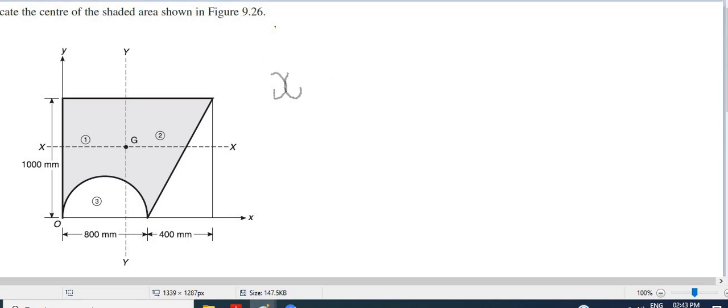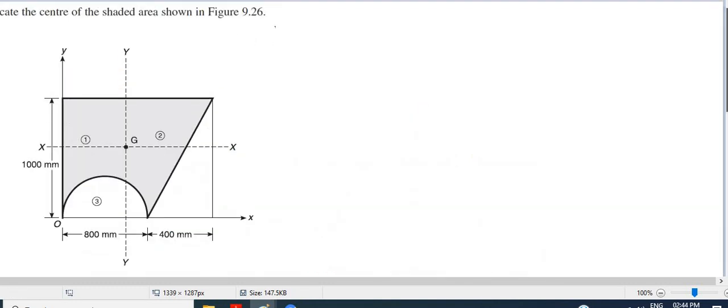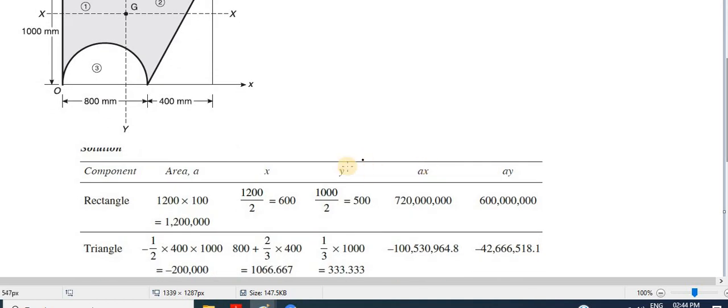Okay, I'll explain it here in the problem. A1 is the area of the first rectangle, the big rectangle, 1200 multiplied by 1000. Next thing is the area of a triangle: 1 by 2, 400 multiplied by 1000.